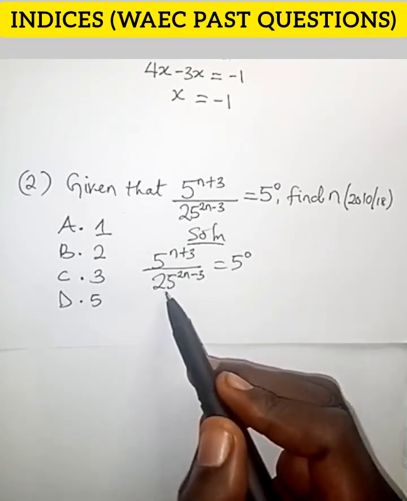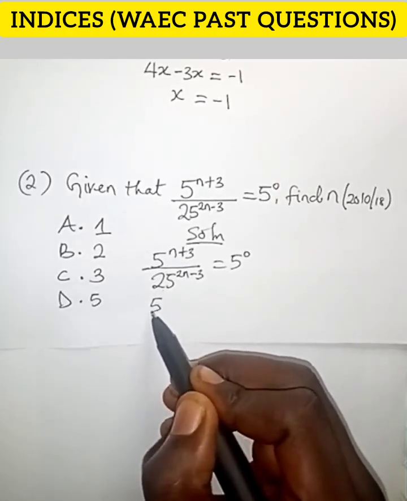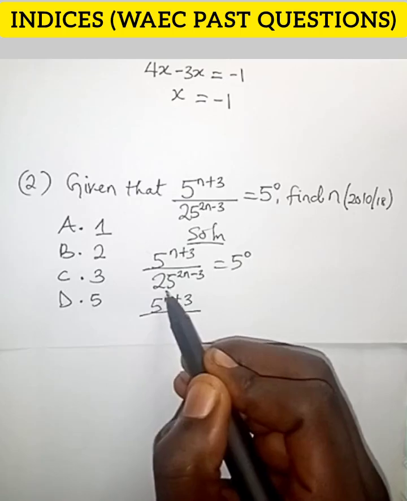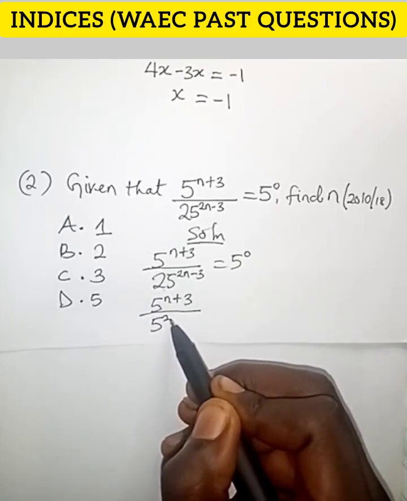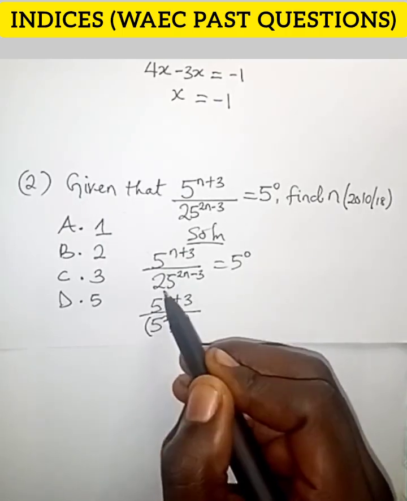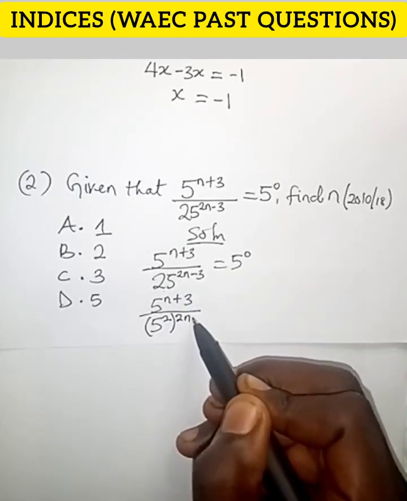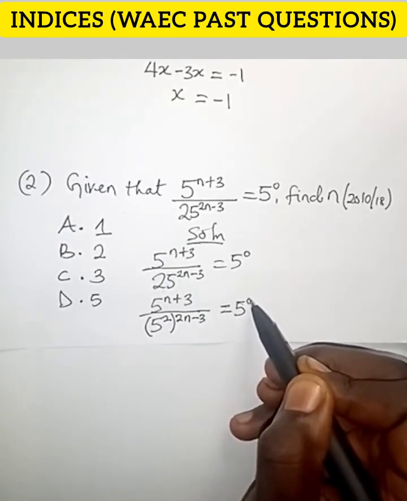So we write 5 raised to power n plus 3 over 25, which is the same thing as 5 raised to power 2. Don't forget that there is power there. You place your power 2n minus 3, equal to 5 raised to power 0.